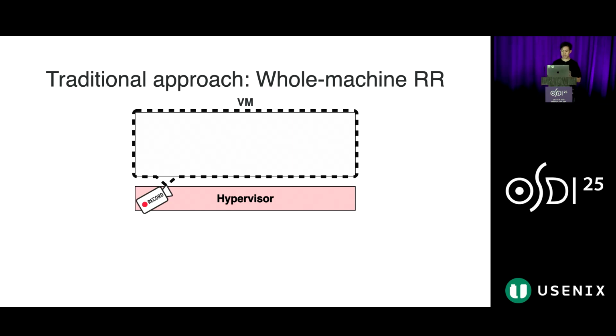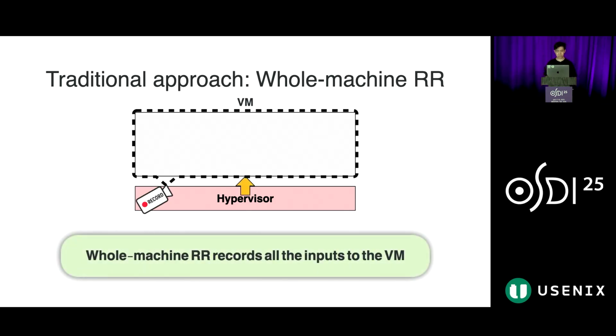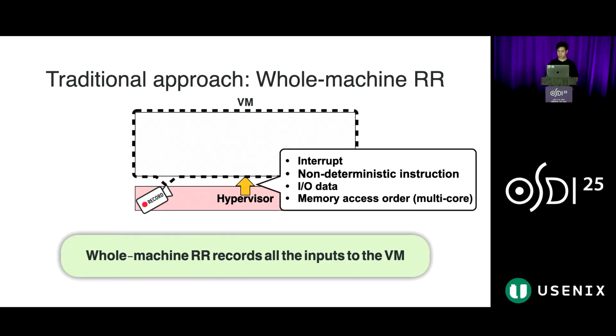The hypervisor acts like a recorder, capturing all the inputs into the VM. The inputs include interrupts, non-deterministic instructions, the I/O data, and for multi-core, it somehow records the memory access ordering between cores.